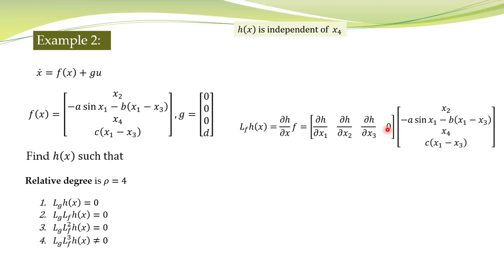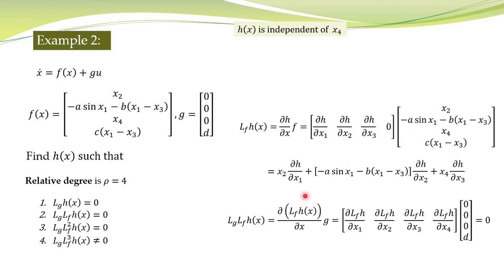So I have written this to be equal to 0 because I know that h is independent of x4, and then multiplied by f of x, and here I get this thing after multiplication of this vector with this vector.